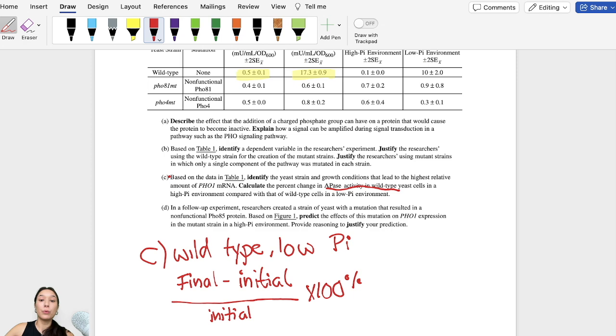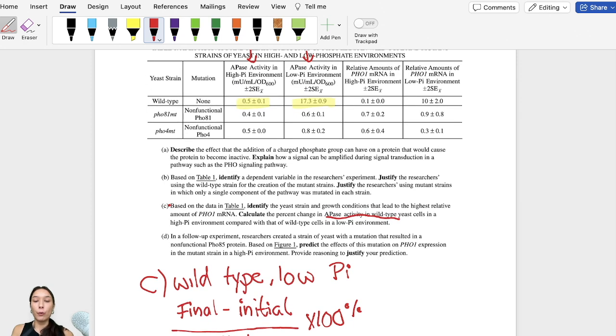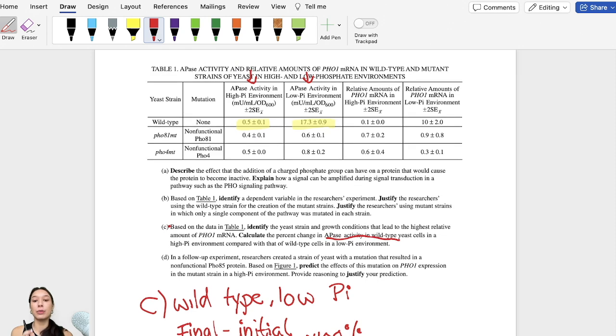Okay, so this is the equation for percent change, and for this one, percent change is a little bit complicated, and they're giving you two options to do these, because in the case of this experiment, there really isn't an initial and then a final. When you do initial and final, it's before treatment versus after treatment.